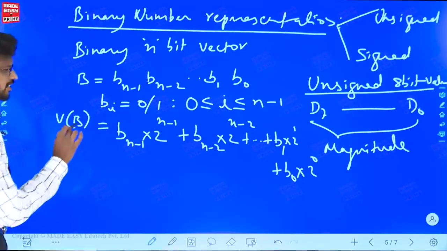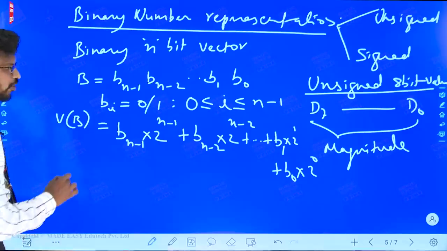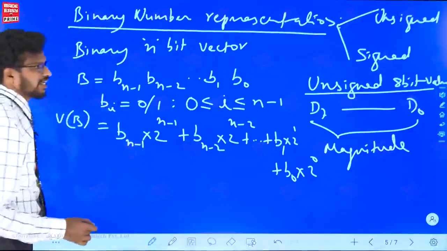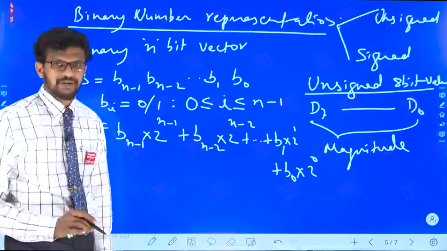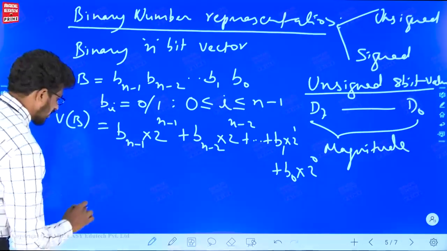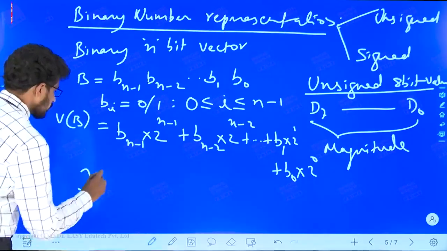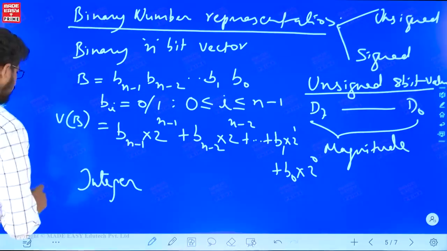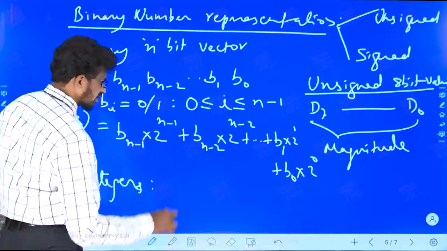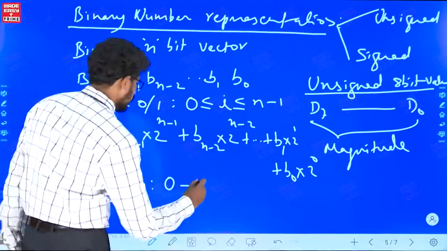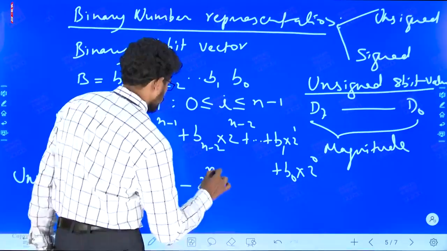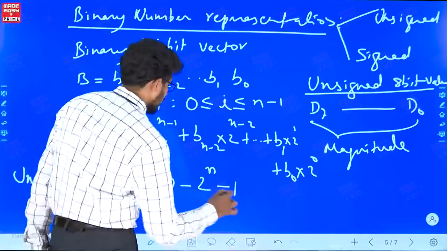So if you want to consider this as integers like v of b, how to write these values? If I take this data as unsigned data, there is no need to check any sign. If it is considered as integer, how many values can be represented? If you take this as unsigned integers, the range that is possible is simply 0 to 2^n minus 1.